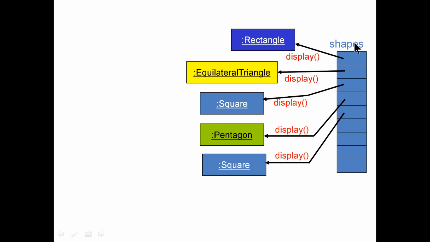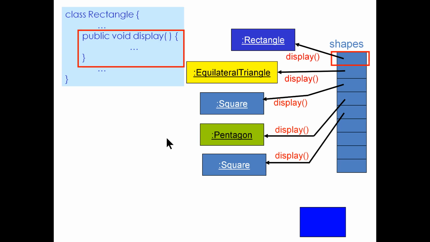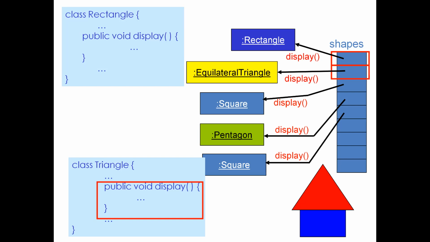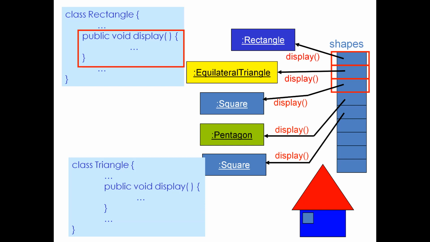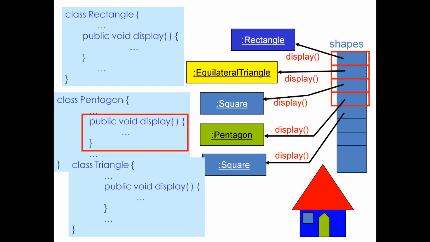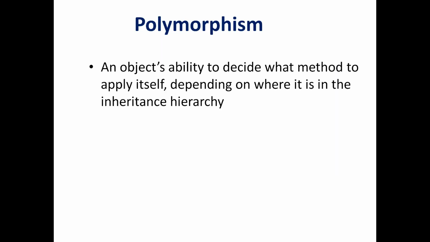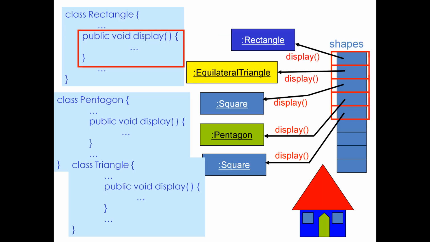You can see this is an array of pointers, and you are calling the display method of different objects, and different objects' display has different behavior. Automatically it identifies which method to call, going one by one and calling different methods. This is the outcome of polymorphism.